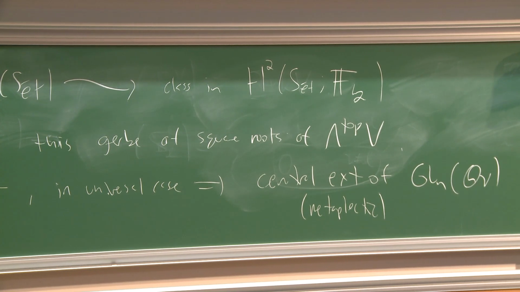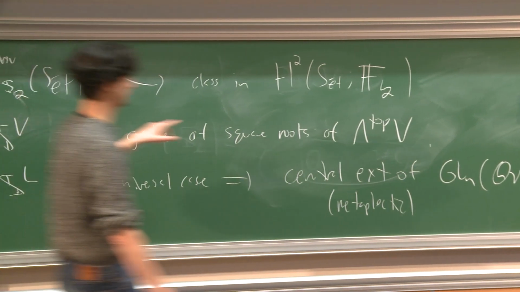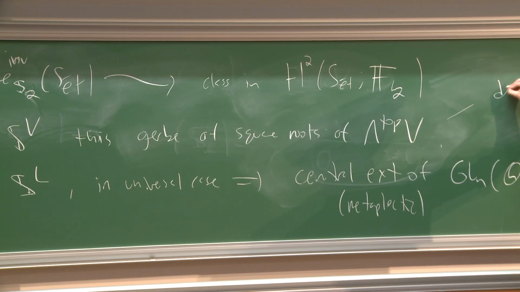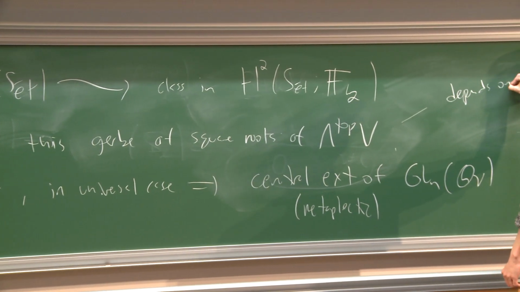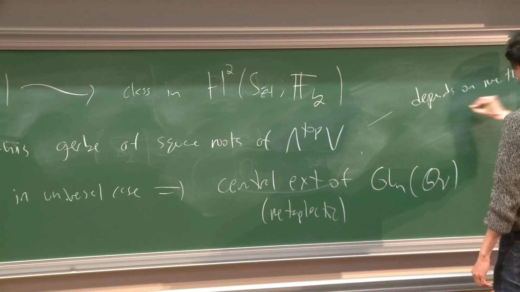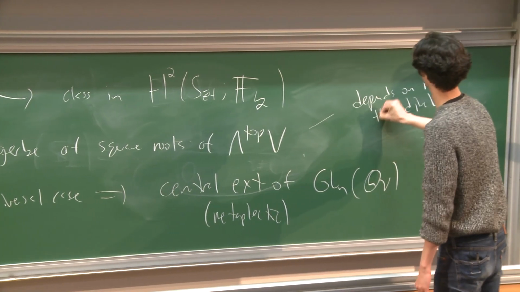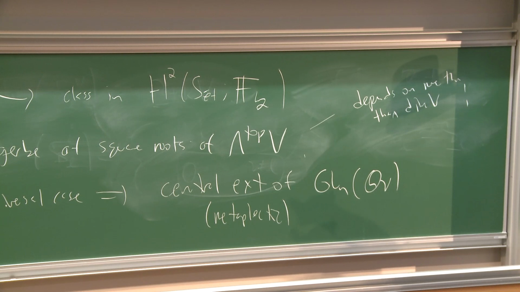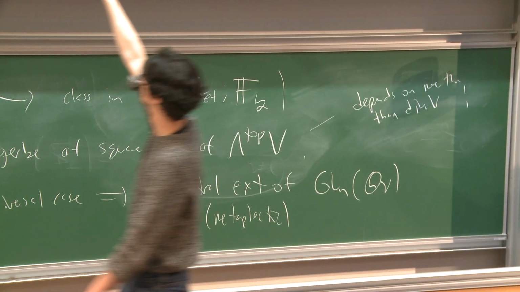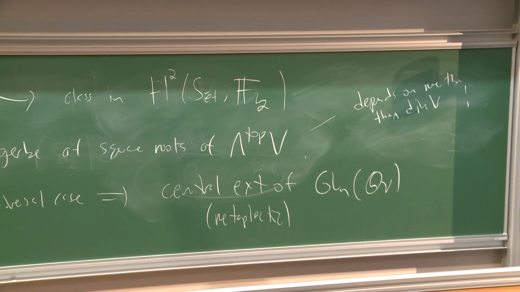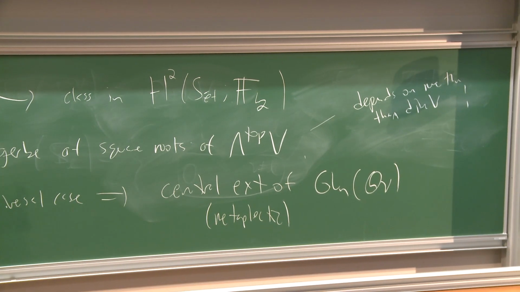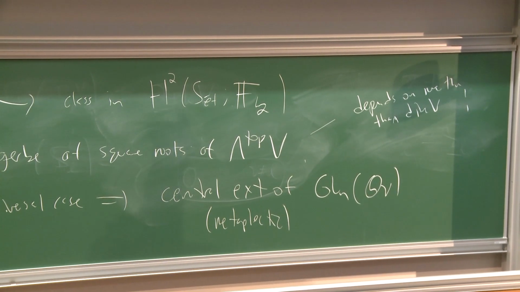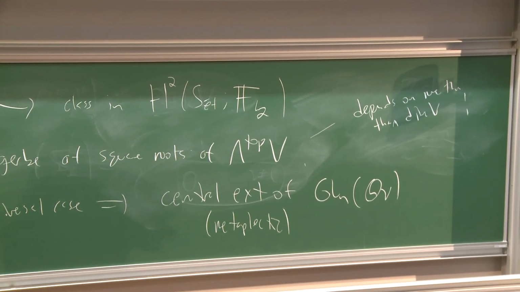Now I want to make a remark here. Note that this depends on more than just the dimension of the vector bundle. In our first two invariants, the dimension was just twice the rank, and also the orientation twist was just a Tate twist determined by the rank.